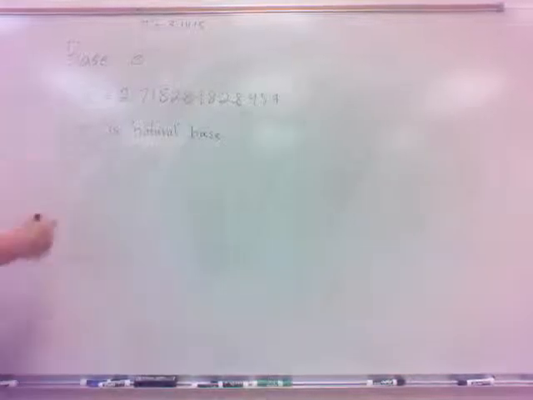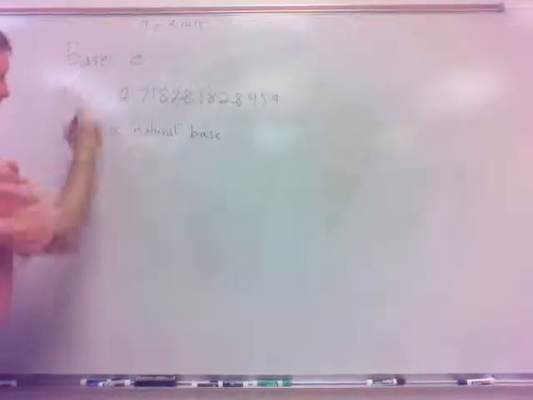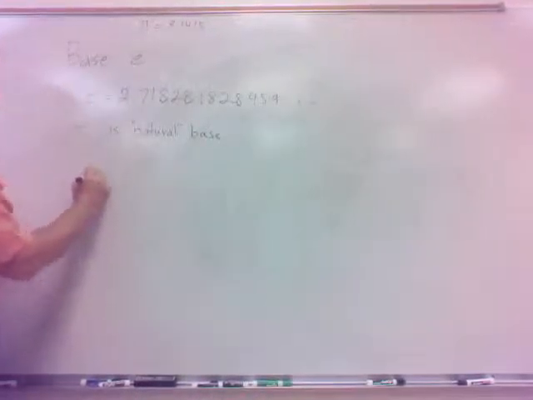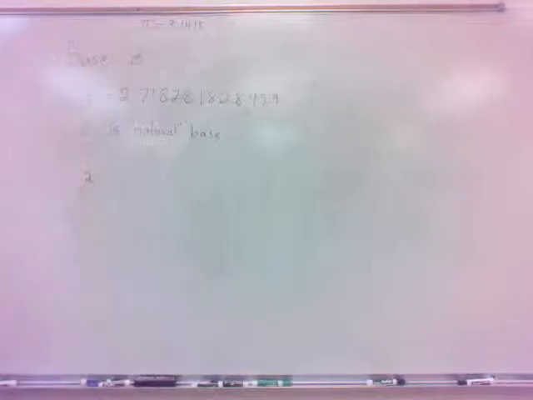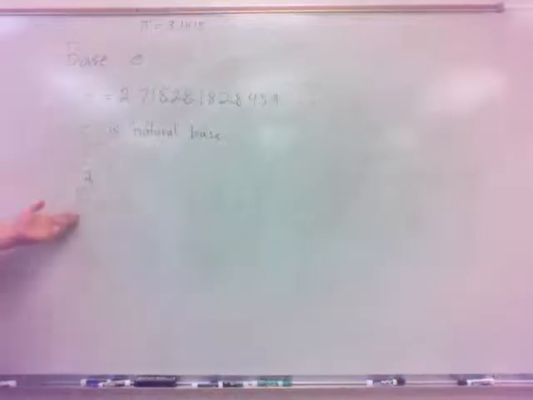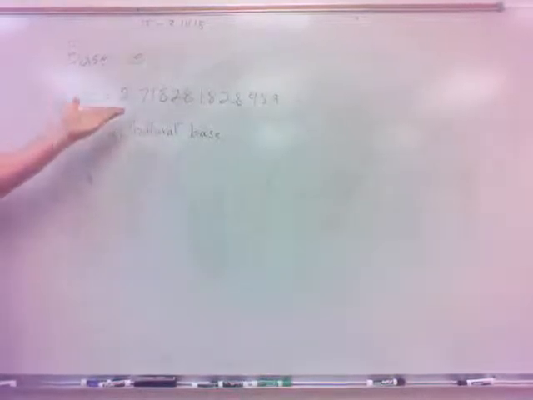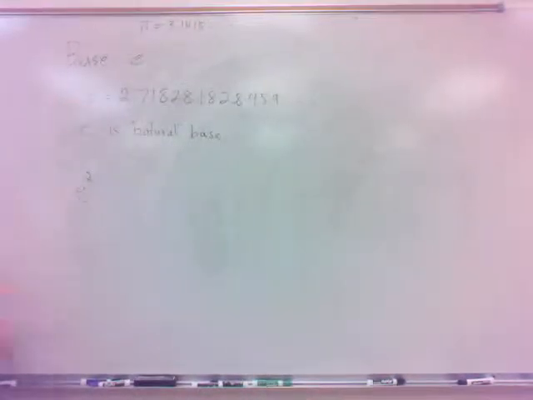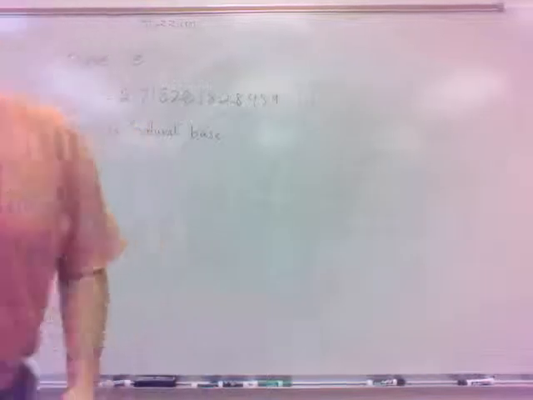All right, so what do we do with it? Well, we're going to use it, like I said, for the base of our numbers. We're going to do numbers like E squared, E to the third, E to the negative. How do we compute it? Well, you could round it, but the calculators do a much better job for us.